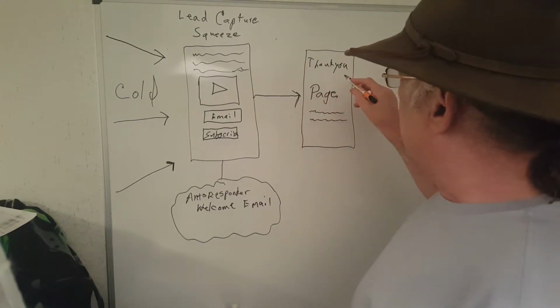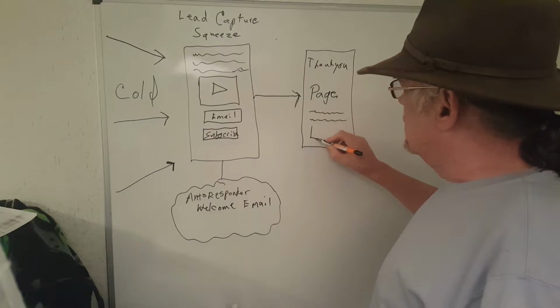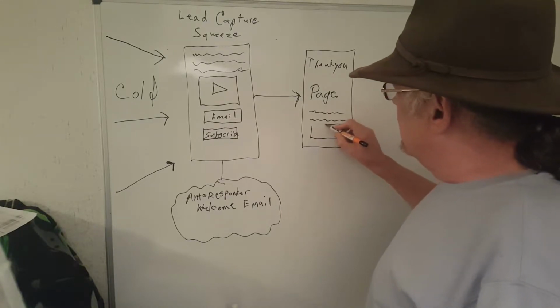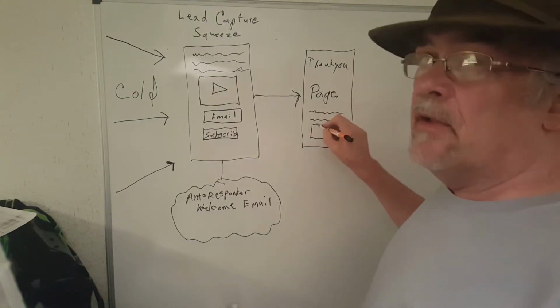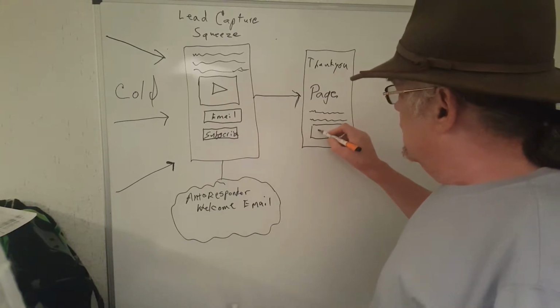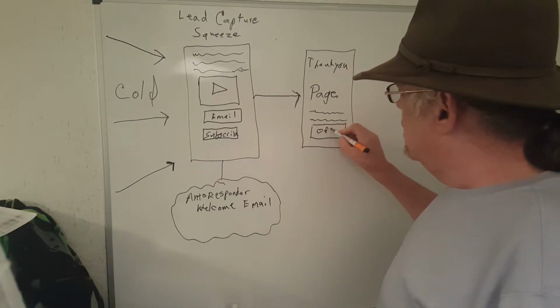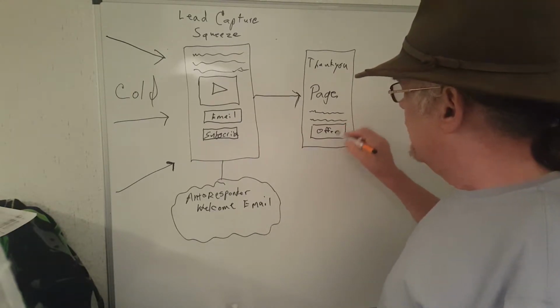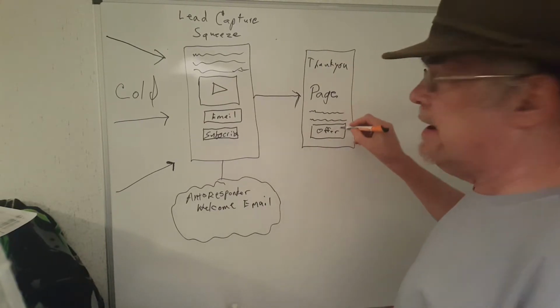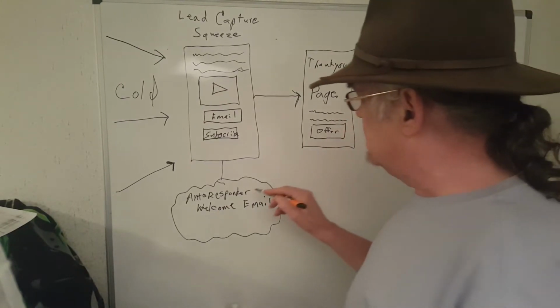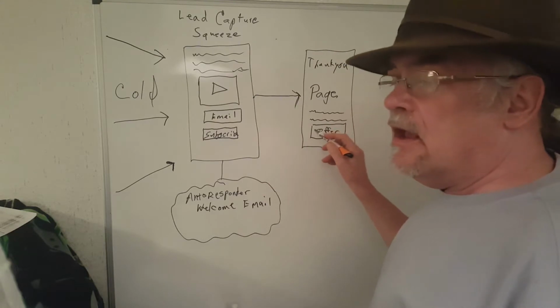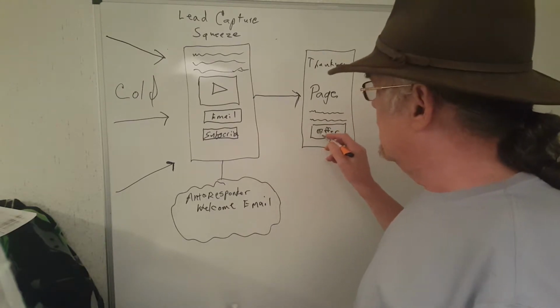But it goes to the thank you page, and then also you can give them, now if you want something better that complements this, here's my offer. Now they may go there, they may not, but if you make it good enough and it complements what you're giving away, that's what you need to really do.